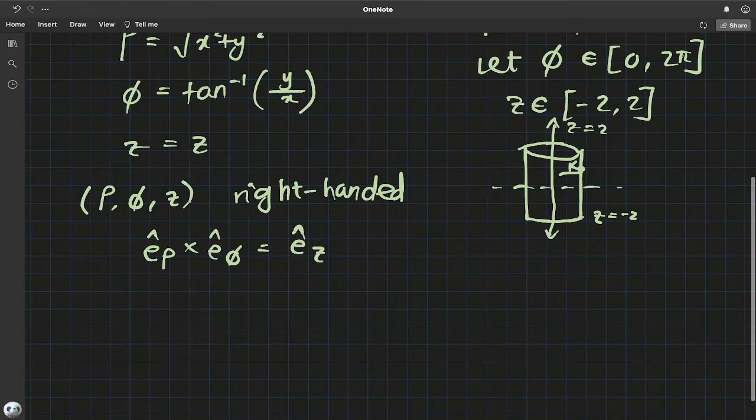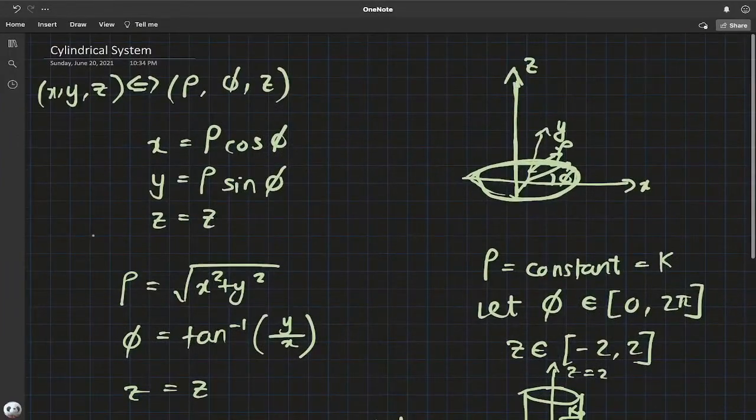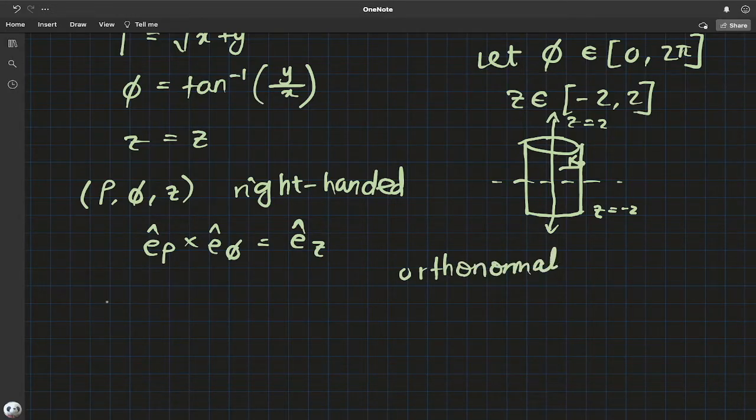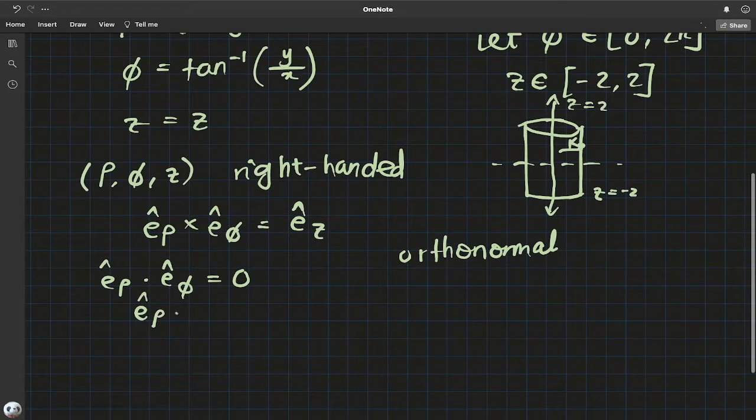Just like x, y, z had an order, and the order wasn't y, x, z, you have to obey this order. And all the coordinate systems we'll be talking about are going to be orthonormal. So if you dot any of these with each other, say e rho dot e phi, this will be 0, but if you have e rho dot e rho, this will be 1.